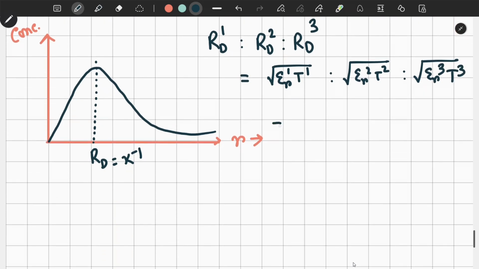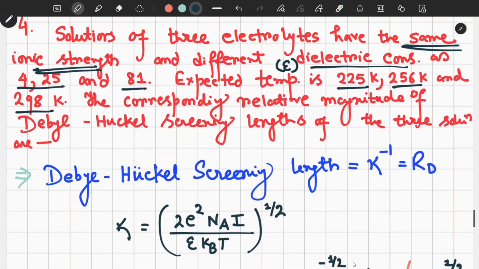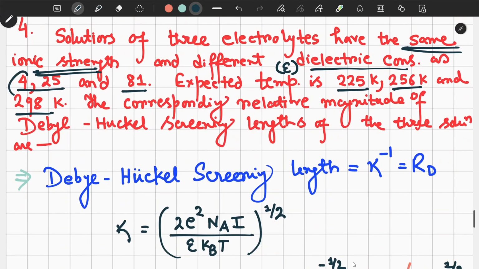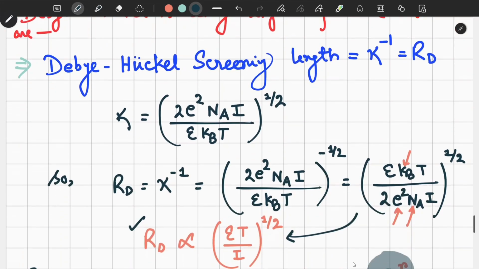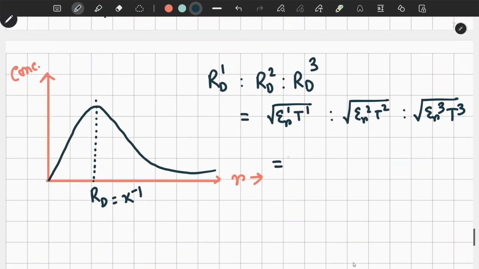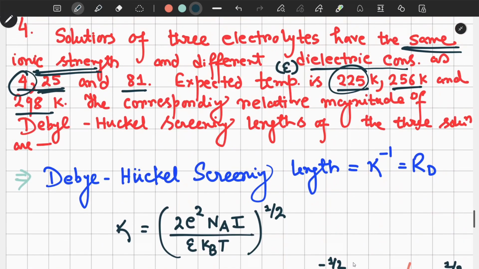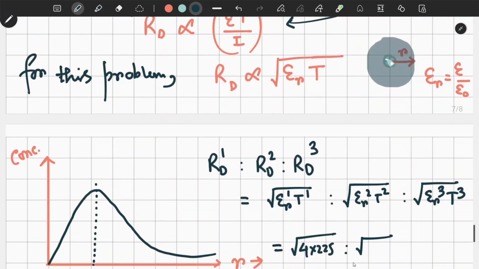And these data are given to us. What is epsilon R1? It is 4 and T1 is 25, so it is root over 4 into 25.